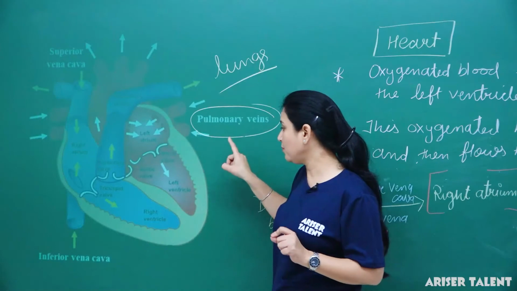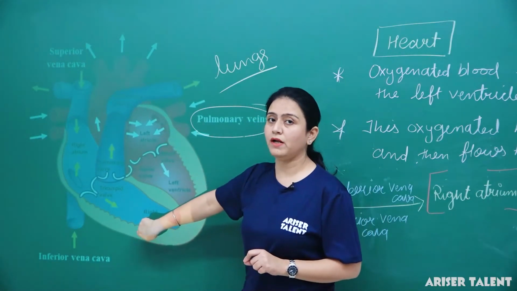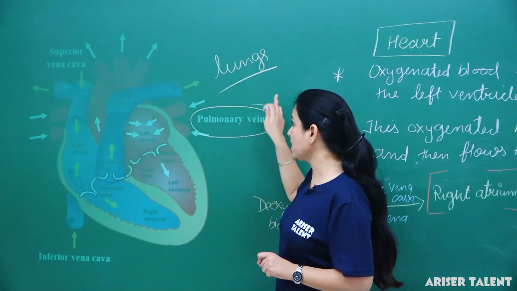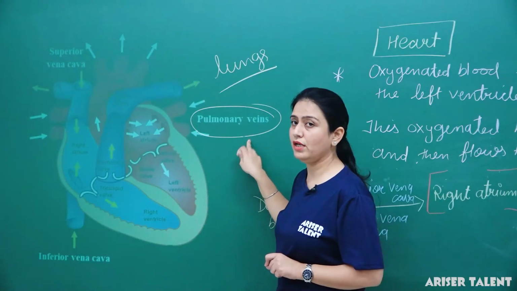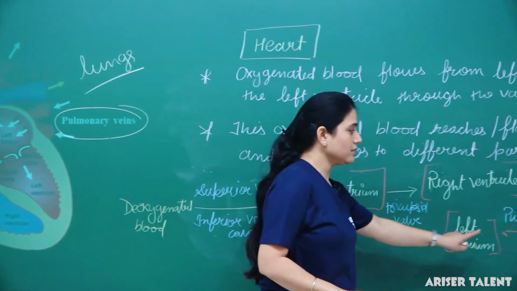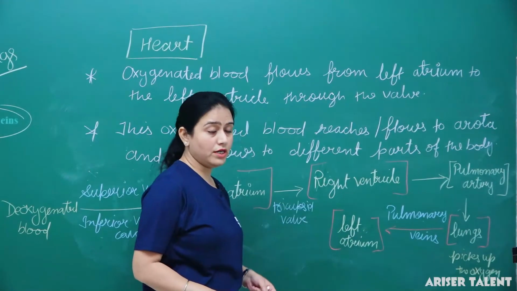You have to understand and learn it nicely: deoxygenated blood is carried by the pulmonary artery, and oxygenated blood is carried from the lungs through the pulmonary veins to the left atrium.